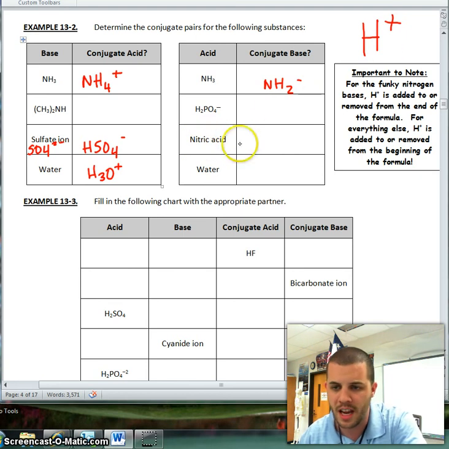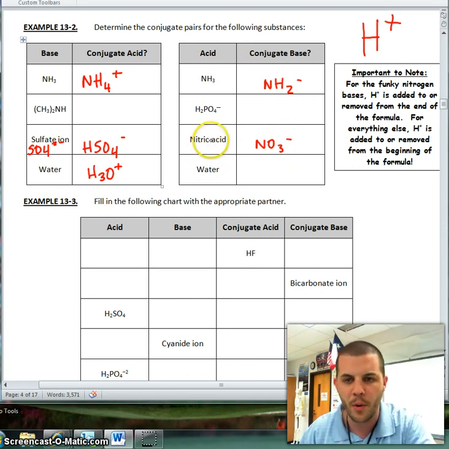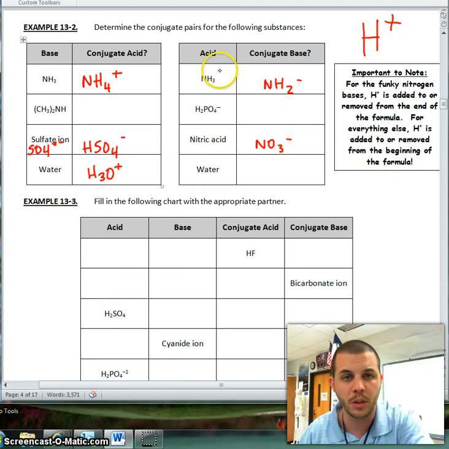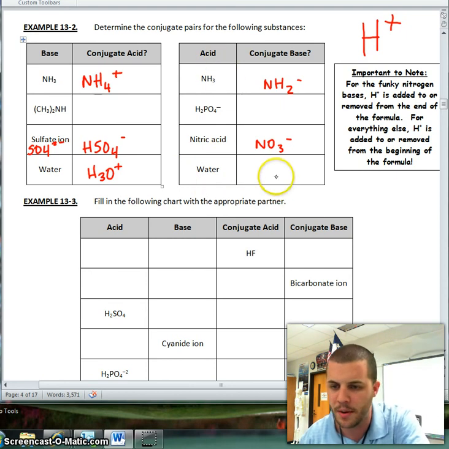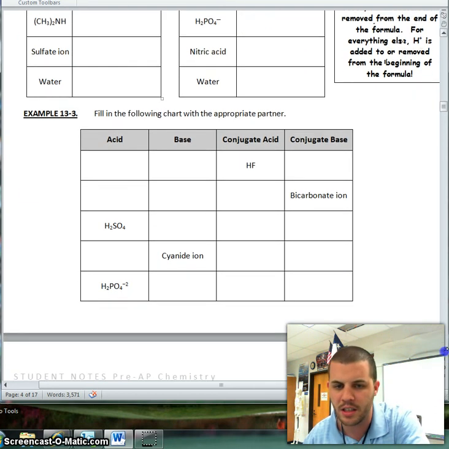If it loses its H, now it's just NO3. It also loses the plus charge, it's now minus. And water can also act as an acid. Water can act as a base or as an acid. So if water is acting as an acid and it loses a proton, its conjugate base is going to be OH minus.